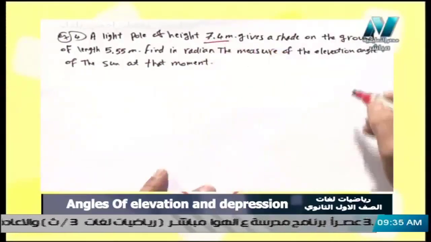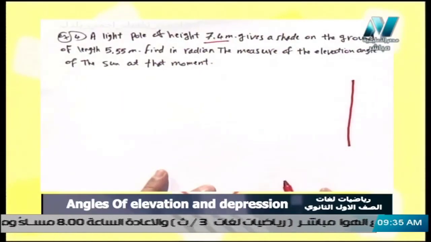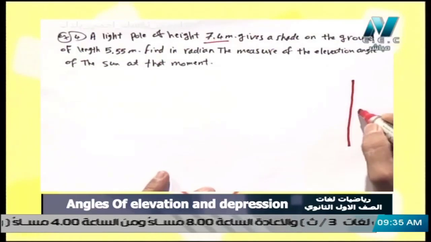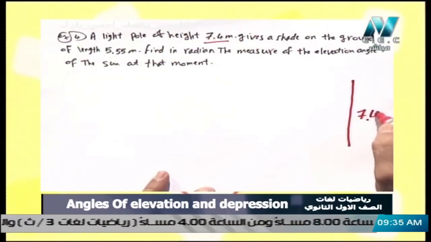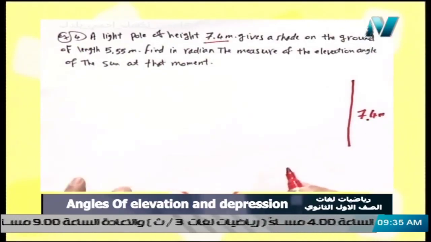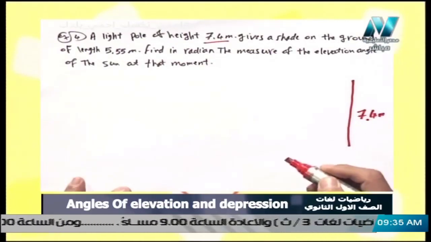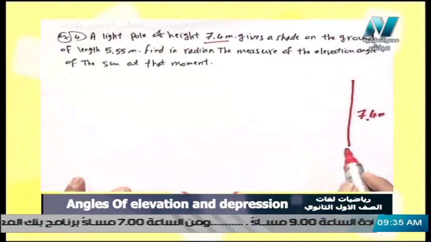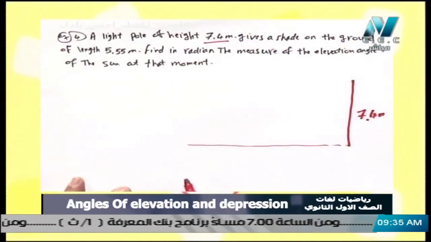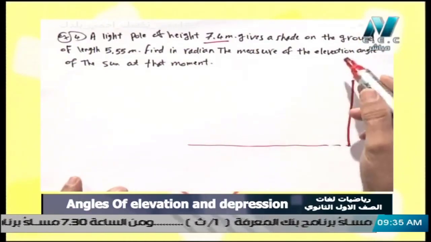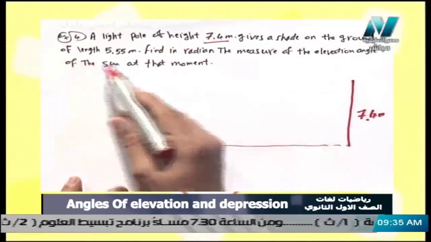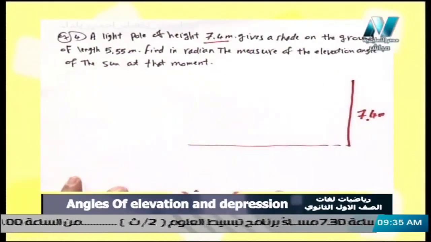So we can draw the light pole and put its height as 7.4 meters. It gives a shade on the ground. So the ground is here. It gives a shade on the ground of length 5.55.